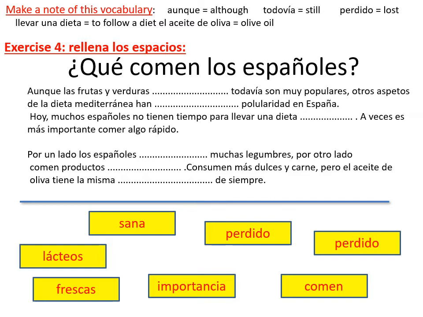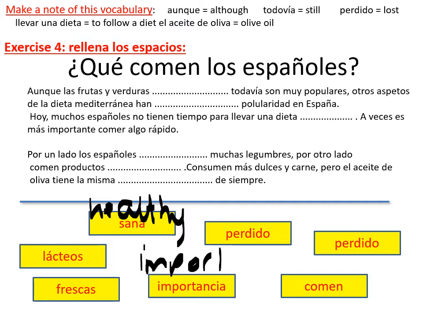So sana, we've seen it over the past couple of weeks, means healthy. Importancia, we can work out, means something like important or importance. Fresca looks a bit like fresh, and we have seen that over the last few lessons. Lácteos is a cognate, so it's like the word lactose.